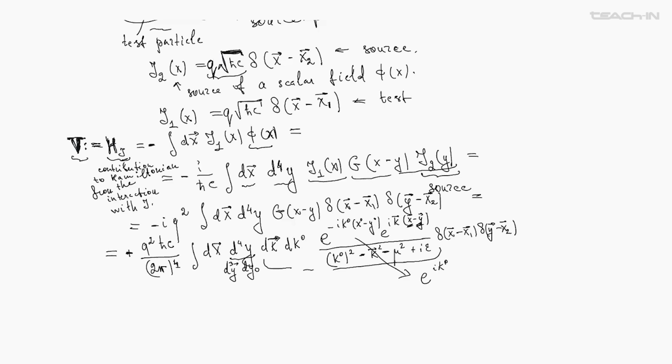And so when you integrate over y0, what you get is essentially, up to a proportionality coefficient, a delta function on this variable k0, because you're integrating an exponential. The integral of the exponential of i k0 y0 is just proportional to the delta function.